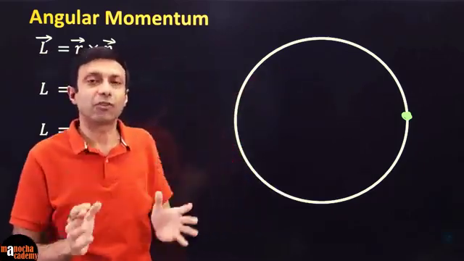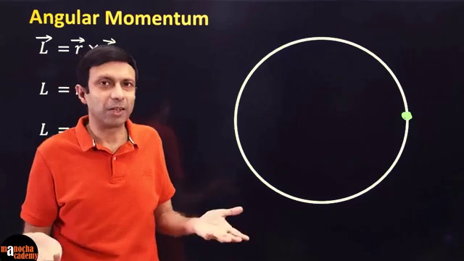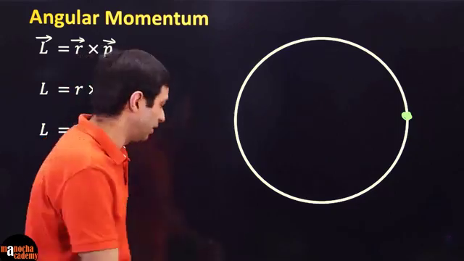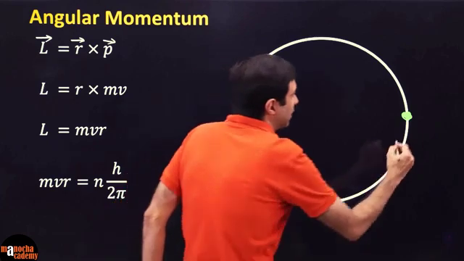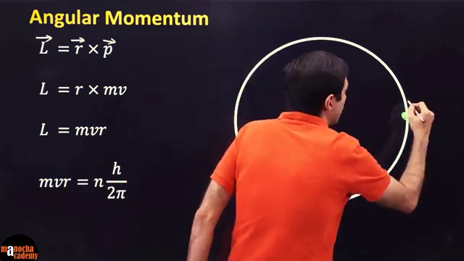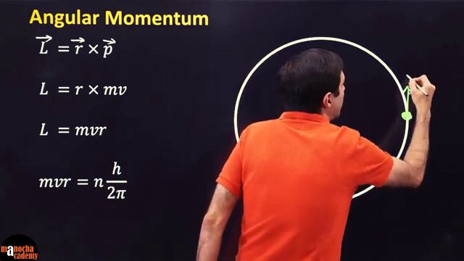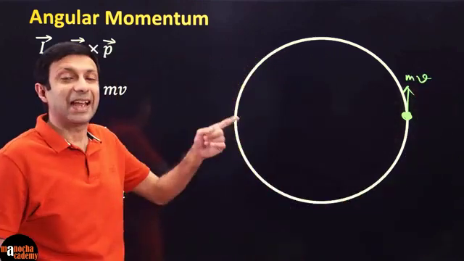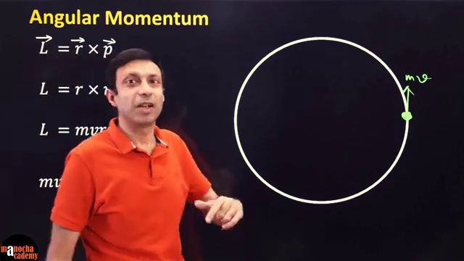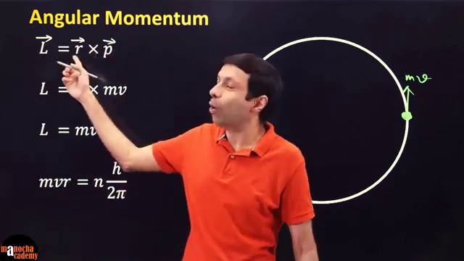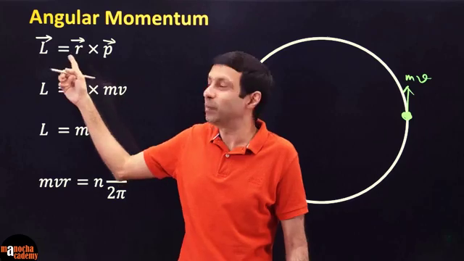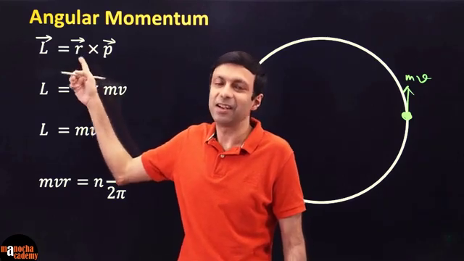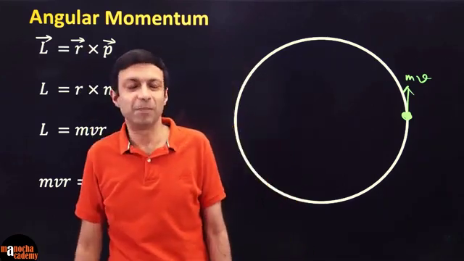So first of all, the electron has a momentum. What is momentum? Mass times velocity. So we know that this electron will have a momentum, mass times velocity, mv. And what is angular momentum? Angular momentum means the moment of the momentum, which means you're multiplying the distance times the momentum p.